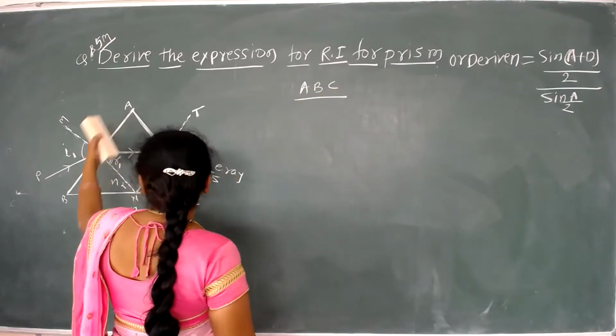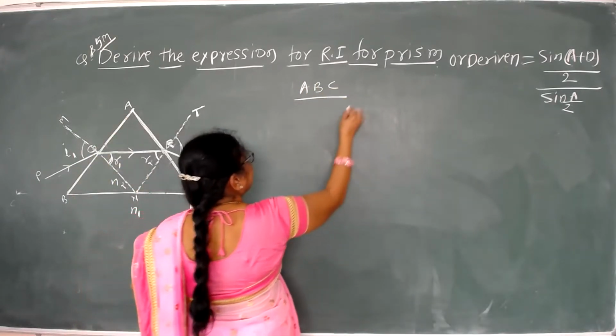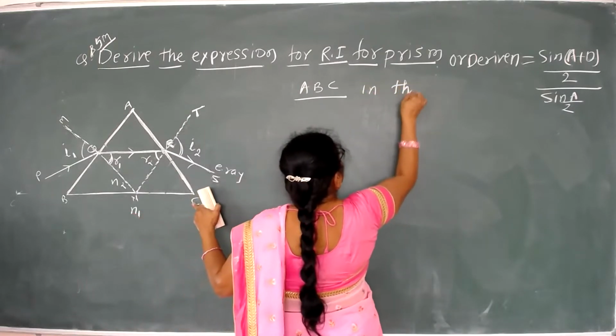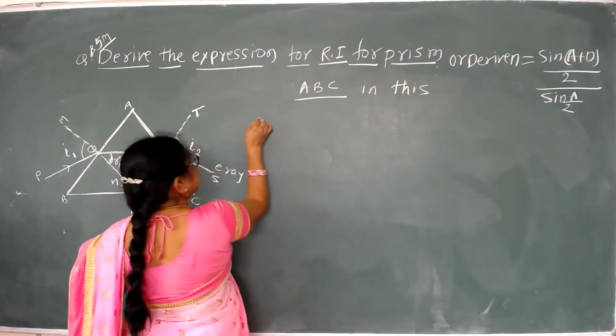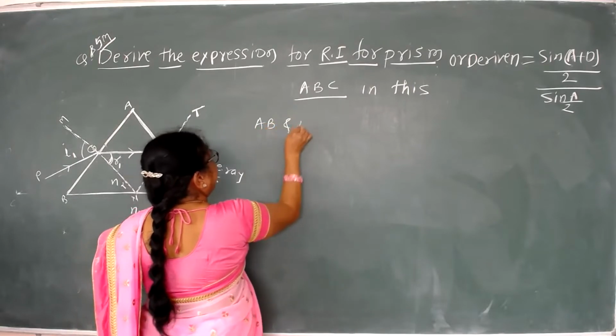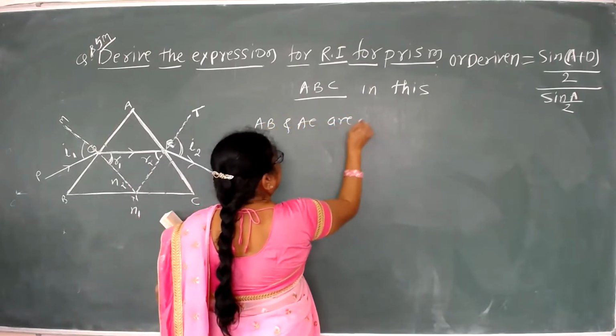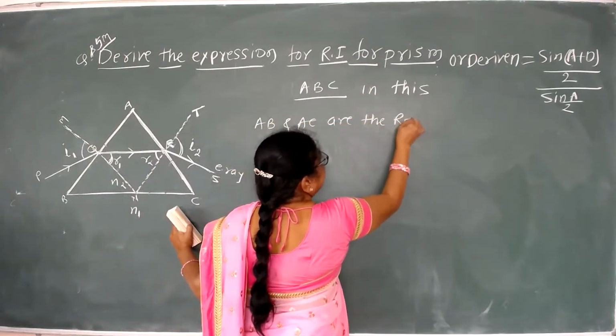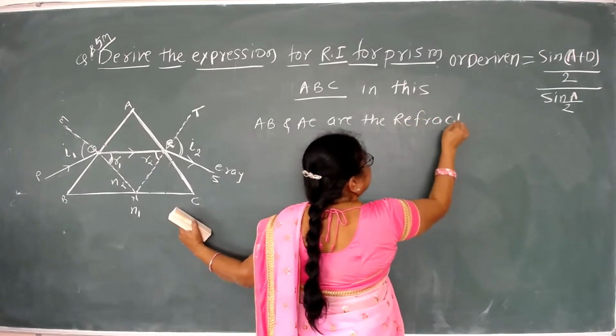When we consider the principal section ABC, AB and AC are the refracting surfaces.